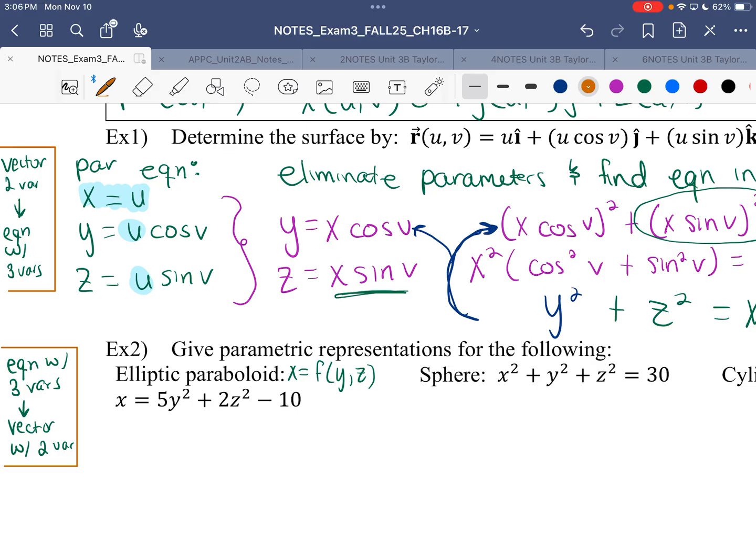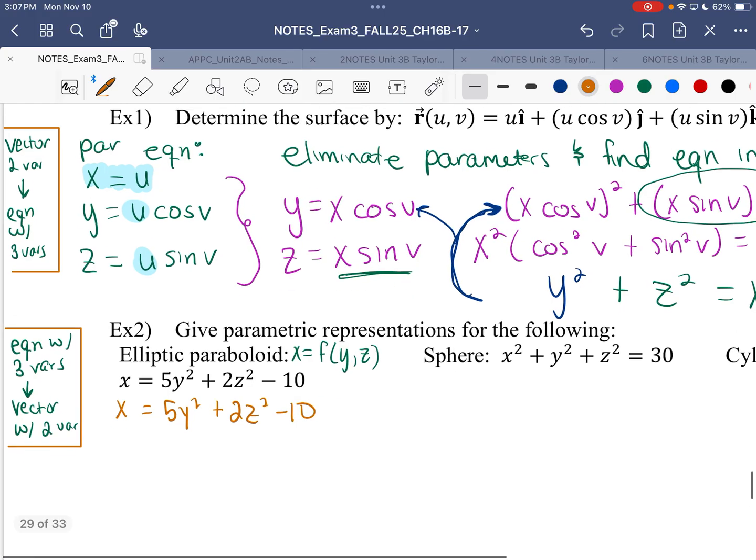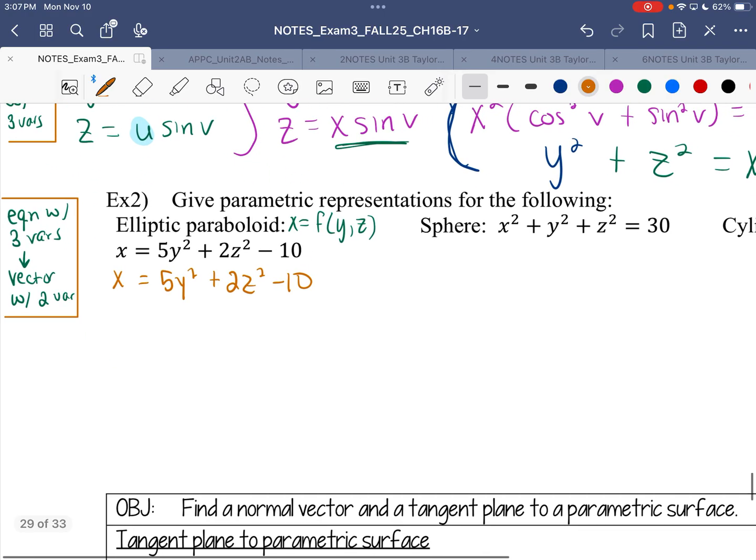Okay, so to go from an equation of 3 variables to a vector of 2 variables, right now I'm going to leave x equals 5y squared plus 2z squared minus 10. And x is written as a function of y and z. So what are the parameters that x is dealing with? What are the variables that x is in terms of? Y and z.